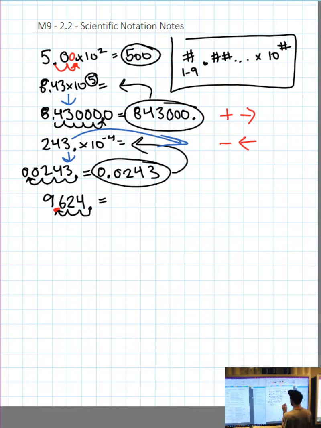If I move the decimal to the left, as I just drew the same arrow to the left, then I have to do the opposite thing. So I have to make the exponent positive. So we're going to get 9.624 times 10 to the, and we moved it 1, 2, 3 to the left, so we have to make a positive exponent.